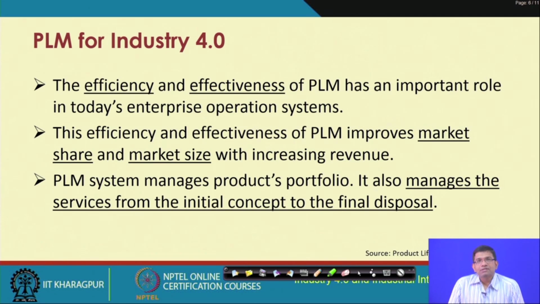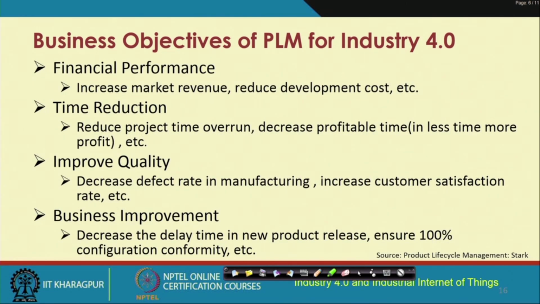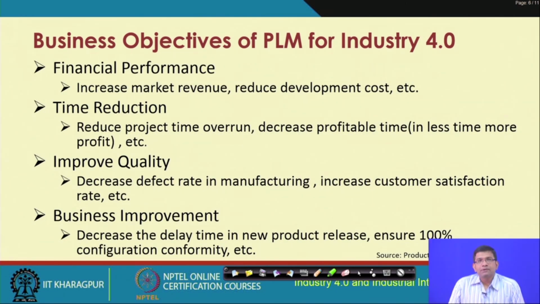This efficiency and effectiveness of PLM improves the market share and market size with increasing revenue. So, these are some of the business objectives of PLM for Industry 4.0. Financial performance, which talks about increasing the market share, increasing the market revenue, reducing the development cost, etc. Time reduction, basically reducing the project time overrun, decreasing the profitable time, etc. Improving quality talks about decreasing the defect rate, that means the rate at which manufacturing defects in these products occur, decreasing that rate, improving the customer satisfaction and so on.